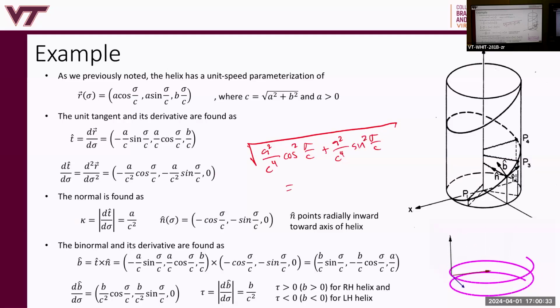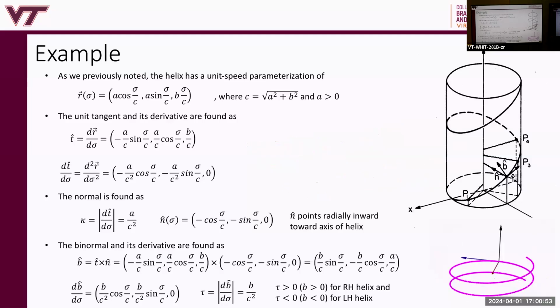If you factor out this a squared, you get a divided by c squared times the square root of cosine squared sigma divided by c plus sine squared sigma divided by c, and that's equal to 1. So this is all equal to a over c squared. Okay, so that's that.